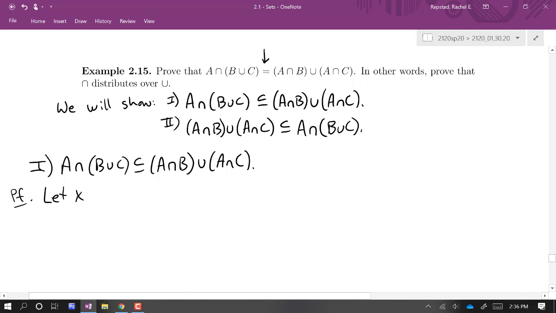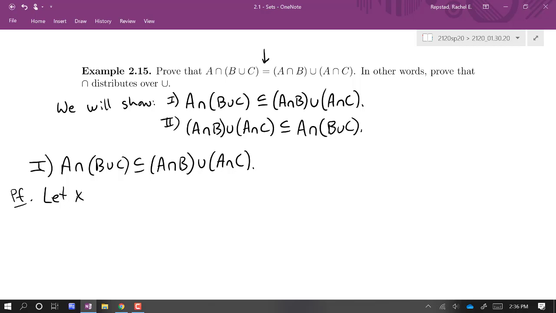Anybody, feel free to chime in. What do I need to be true when I'm grabbing an element X? It's got to be in one of the sets. Which one? Not one of the three sets, but just the overall set that's on the left. This guy right here is a set, right? It's defined in terms of these other sets and operations on them, but it's got to be over here. It's got to be in A intersect B union C.